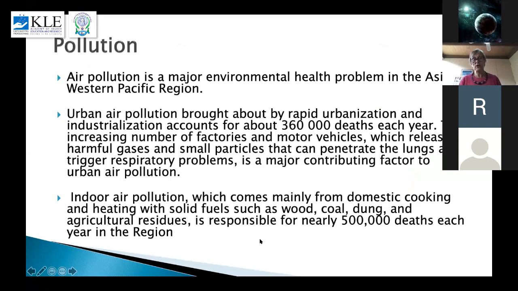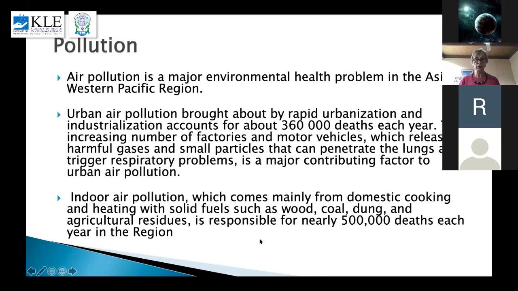And take, for example, pollution. It's a huge problem in our region. Rapid urbanisation, industrialisation, laws that aren't there in place, increasing number of vehicles. In fact, during COVID-19 here in Australia, and I'm sure in many countries, you've noticed a change in the air quality when there haven't been the cars on the road.